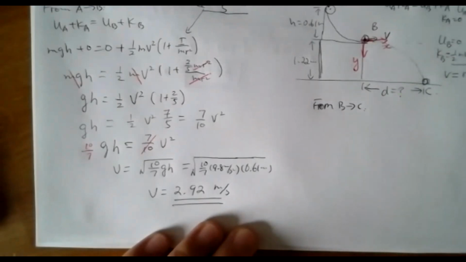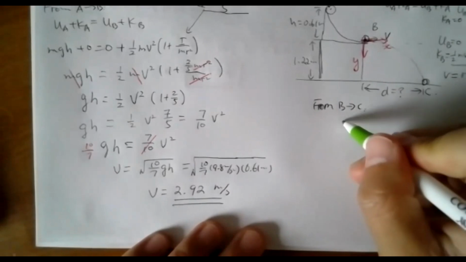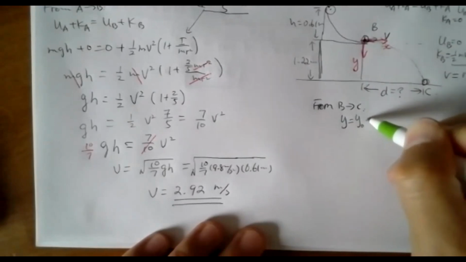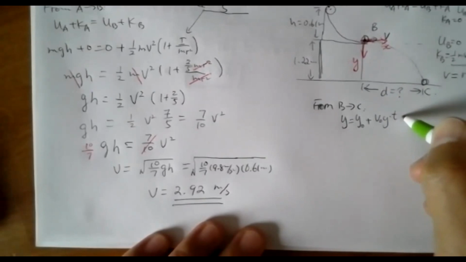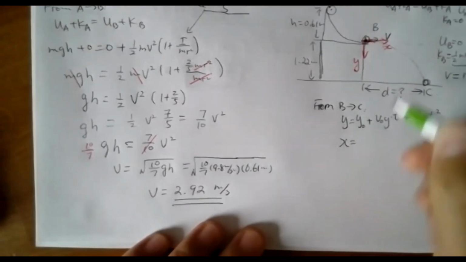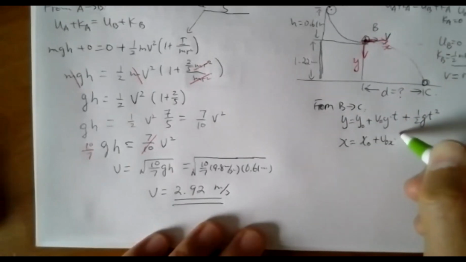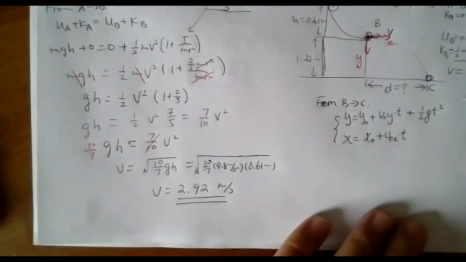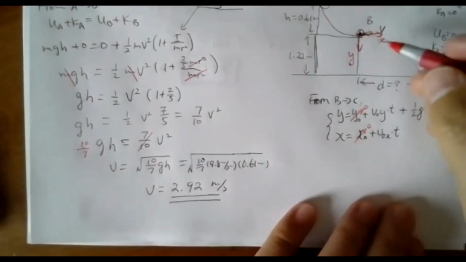Then in the y direction, y is equal to y0 plus v0y times t plus 1/2 gt squared. x then will be equal to x0 plus v0x times t. Those two equations. Because you set point B to be the origin, this is 0, this is also 0.